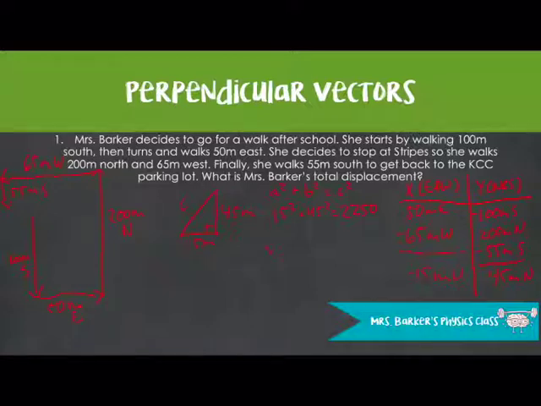So I am going to take the square root of that to get c, and that's going to give me about 47 meters.